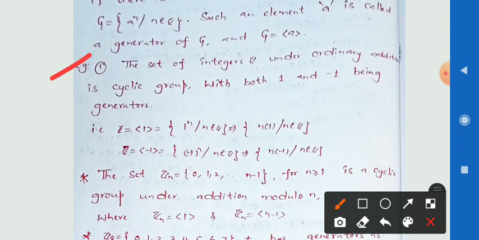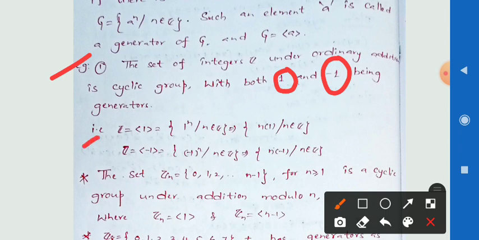Z contains the elements 0, plus or minus 1, plus or minus 2, plus or minus 3, and so on. I am taking the elements 1 and minus 1. Here 1 and minus 1 are the generators of the integer set.